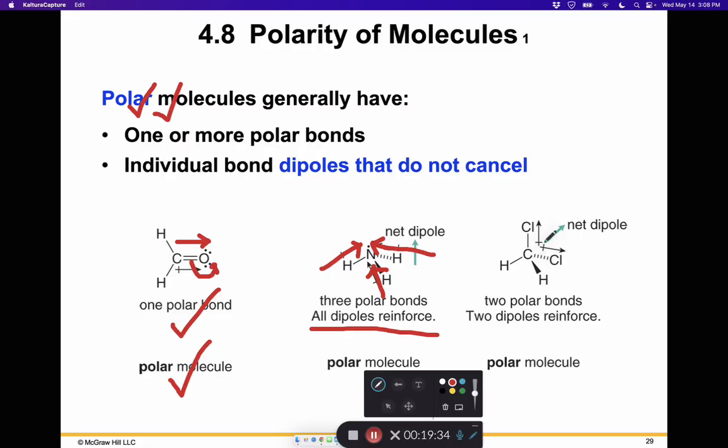They are giving a net resultant dipole in between them. So two dipoles are adding up. They are not opposite, right? They are adding up, so we have a polar molecule. Okay, so that is how we figure out how a molecule will be polar.